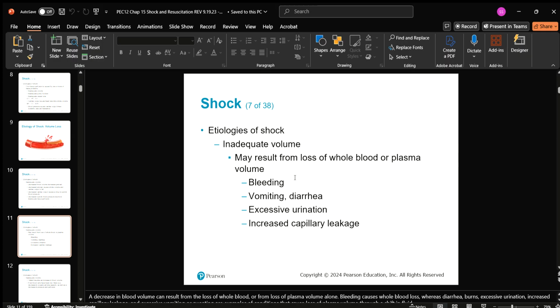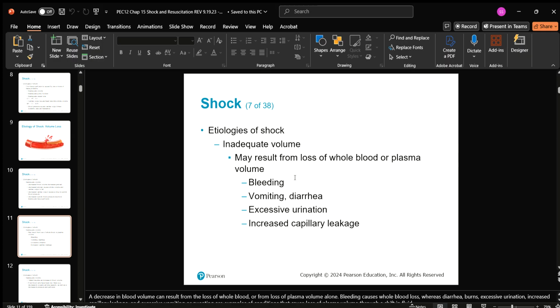So here's some other reasons why we might have decreased volume, okay? So we're talking about whole blood. We said bleeding, okay, whether it's through an injury or maybe through excessive menstrual cycle. Vomiting and diarrhea, okay? So we just kind of went through another recap of the flu season, right?